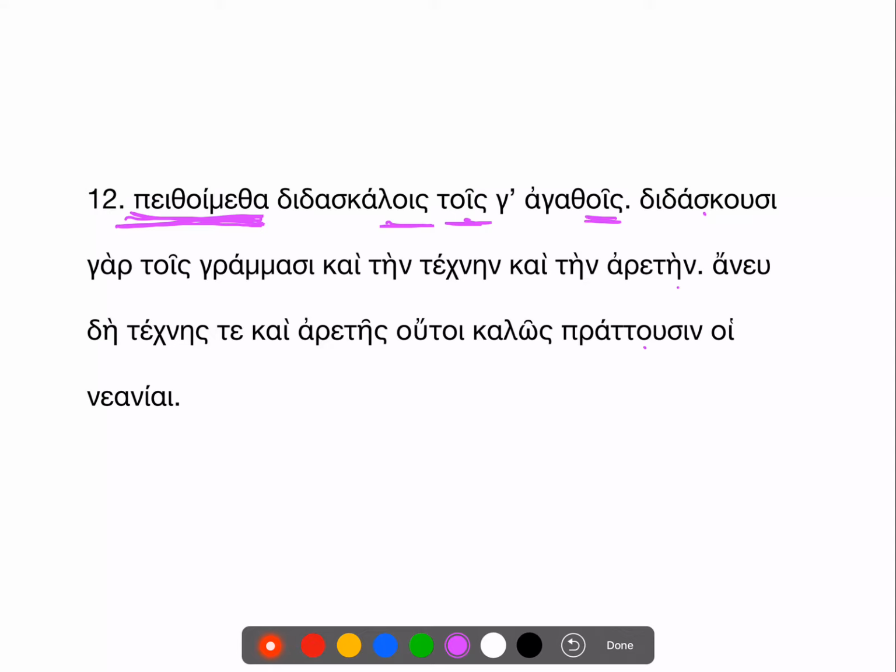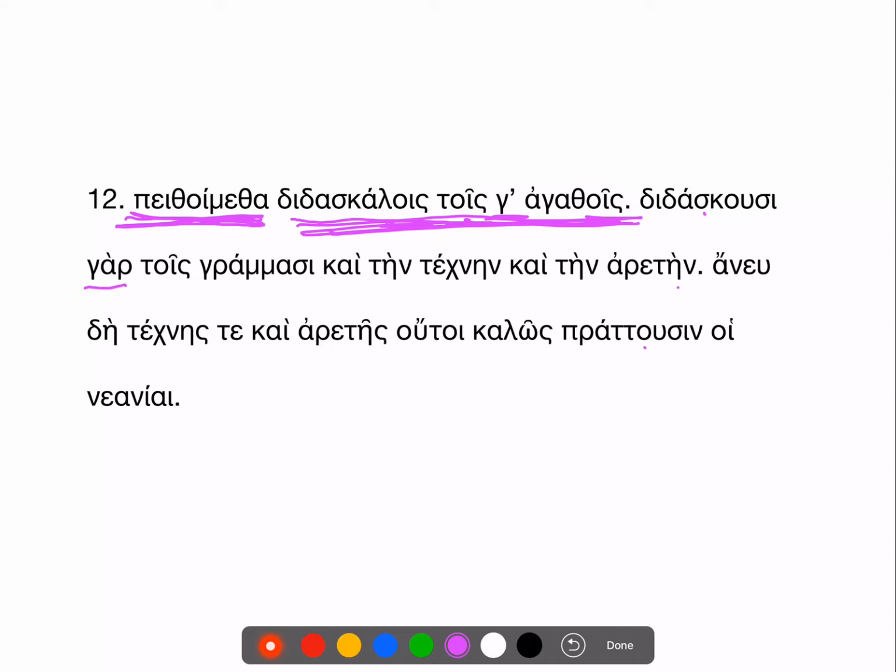So, if only we were obeying. I wish that we were obeying. Okay, may we be obeying teachers, the good ones. Anyway, the good ones at any rate. So, I wish that we may be obeying teachers, the good ones at any rate.